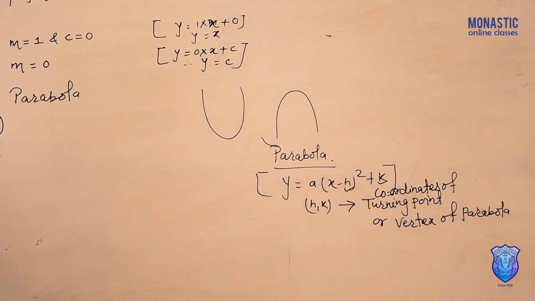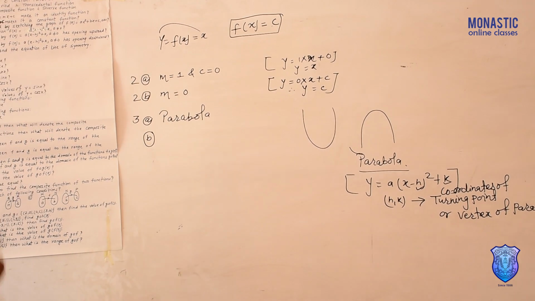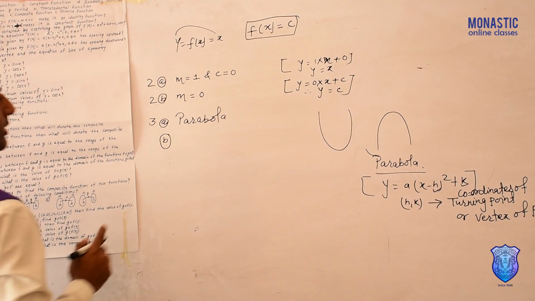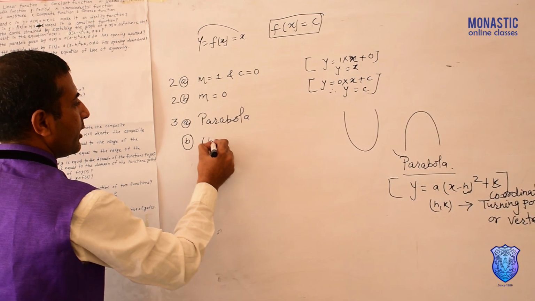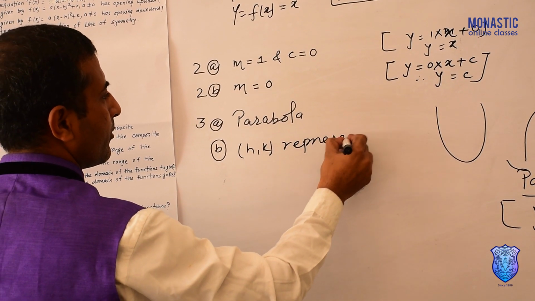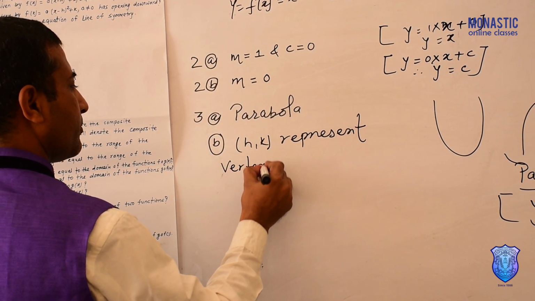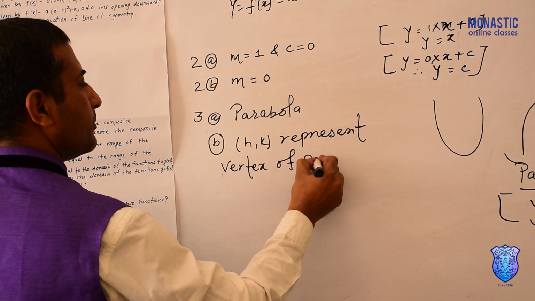So here in question number 3b, what does (h, k) represent? (h, k) represents the vertex of the parabola.